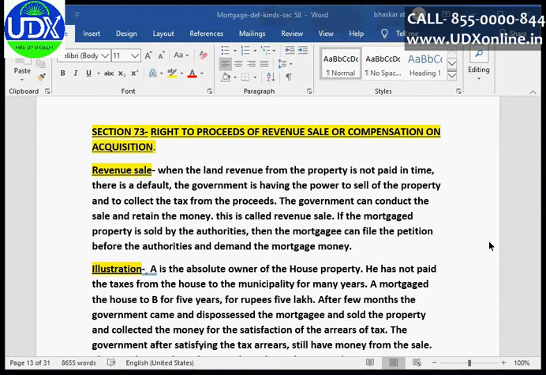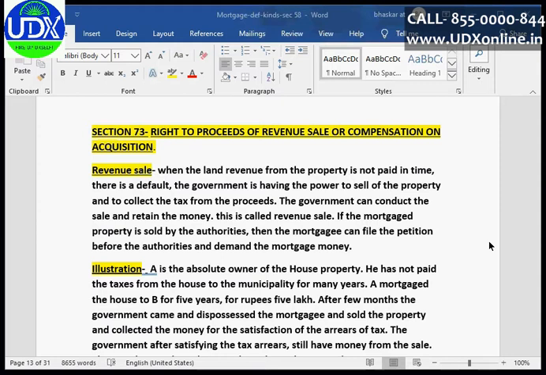The government acquired the private person's land for favoring a particular industrialist so that he can construct his factory or industry.